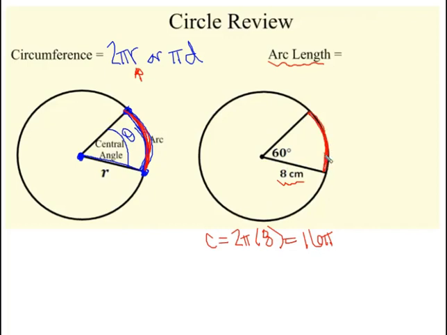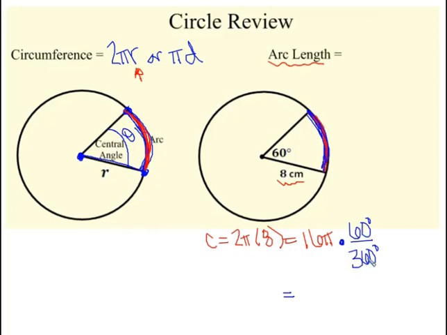But we only want to calculate this particular section, that particular fraction of this circle. So we want to take this overall distance and multiply it by just this fractional piece. The fractional piece is 60 degrees out of the entire circle, which is 360 degrees. If we multiply by this fractional piece, we get the arc length we're trying to find.